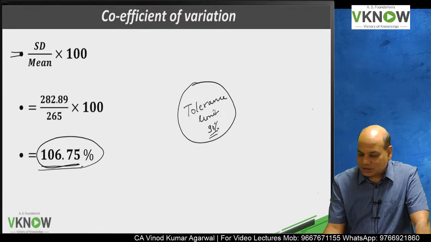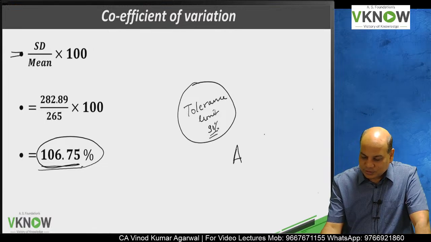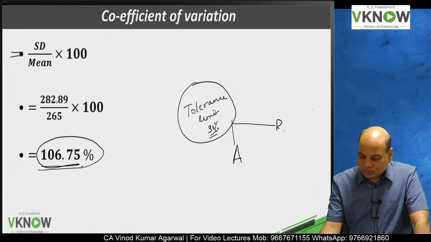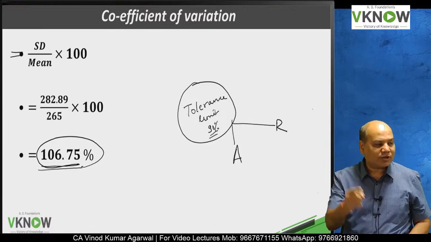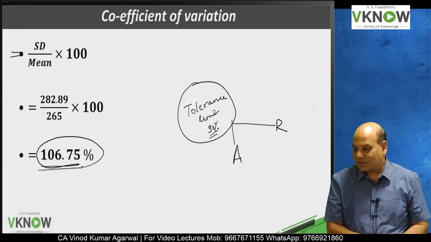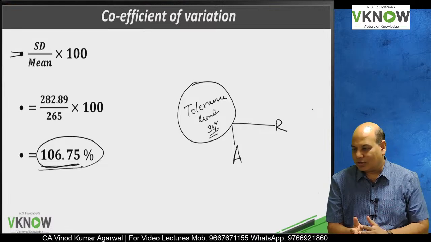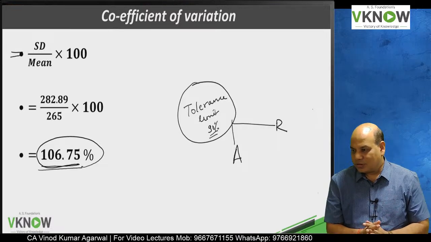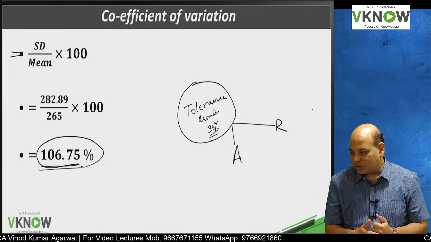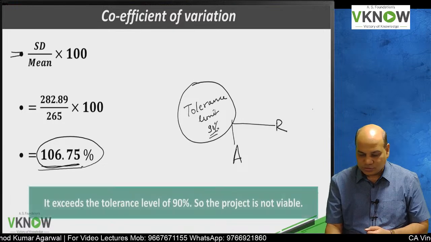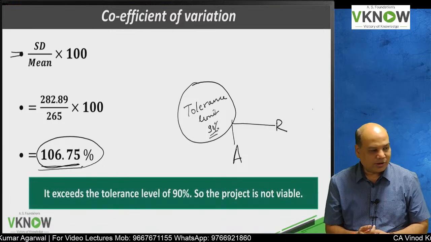Therefore, please suggest me accept or reject. Using coefficient of variation, what is the answer? Everybody, accept or reject, A or R? One student is saying accept, one student is saying reject. What do I do? So the answer is reject.